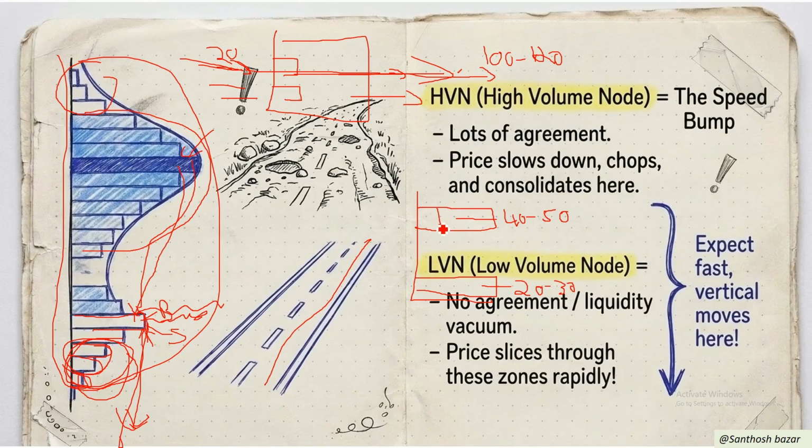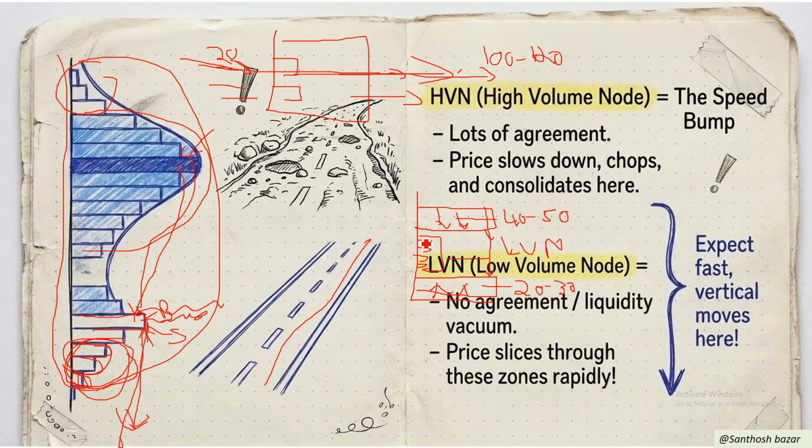So here you have high volume nodes. 40 to 50 and 20 to 30 are high volume nodes. In between there is no volume. When price breaks this 40, it can immediately come to this 20 to 30 range because there is no volume here, which represents low volume nodes.